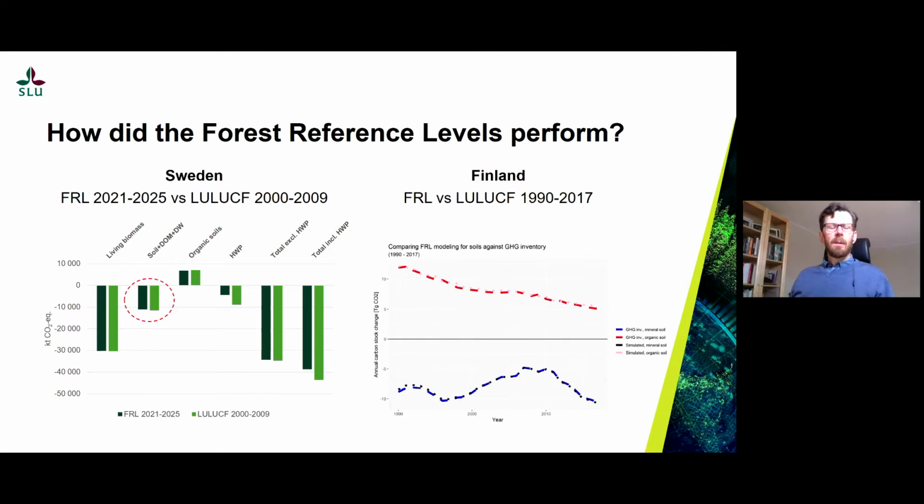For Finland, on the right hand side, of course, you're comparing models with models, so the agreement is extremely good.